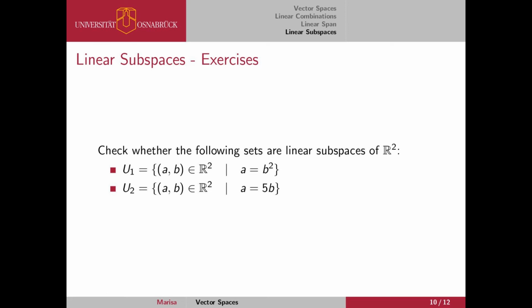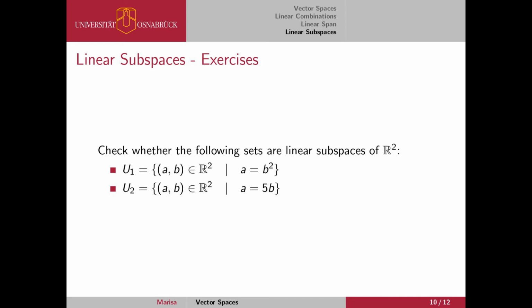For the first example here, U1, you have the definition that it contains all vectors (A, B) from R2, for which it holds that A is equal to B squared. So, for your understanding of this definition here, this means that it would, for example, contain the vector (4, 2), because 4 is the square of 2, or the vector (25, 5), because 25 is the square of 5.